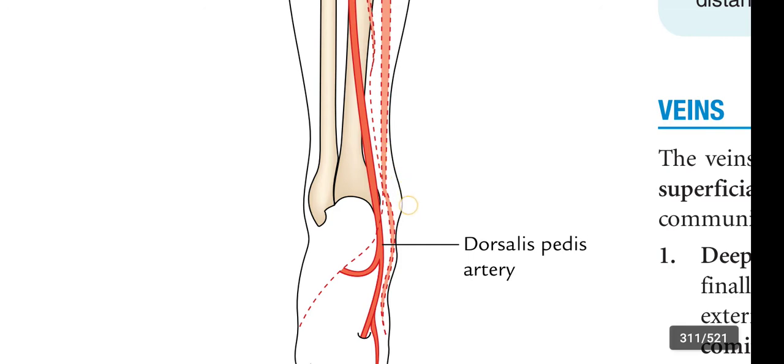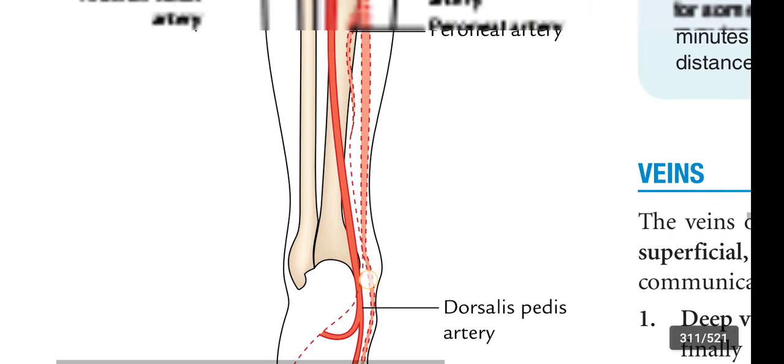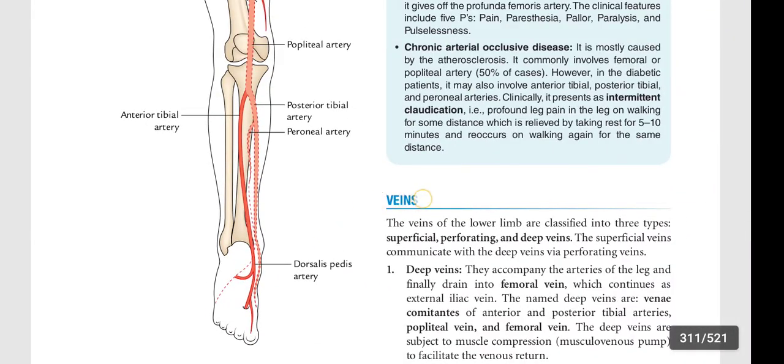This is the medial malleolus. Behind the medial malleolus, it is divided into two arteries. This one is the medial, and this is the lateral. Medial and lateral plantar arteries. Clear?